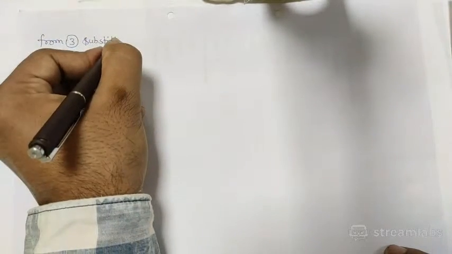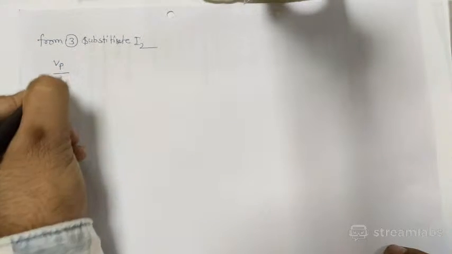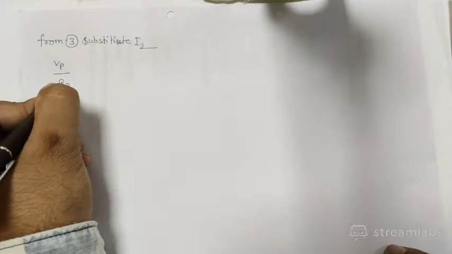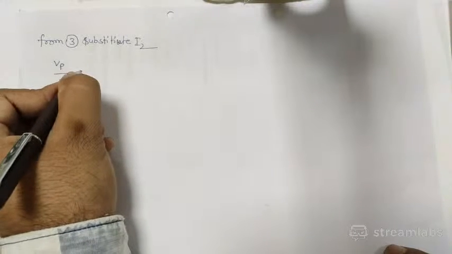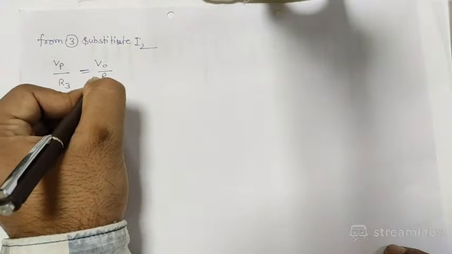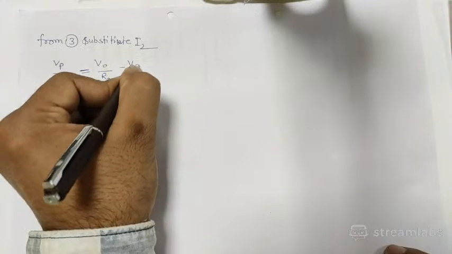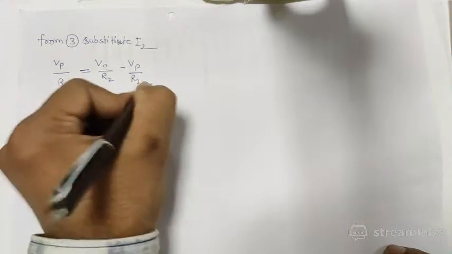So from 3, substitute I2. So this will be Vp upon R3 is equal to V0 upon R2 minus Vp upon R2.